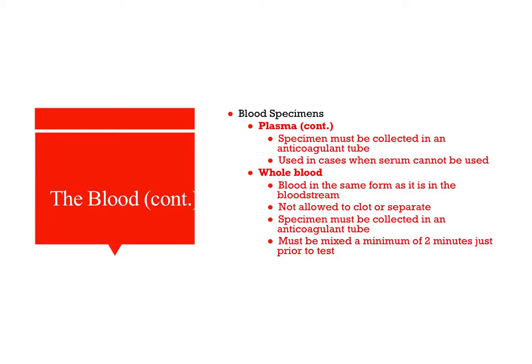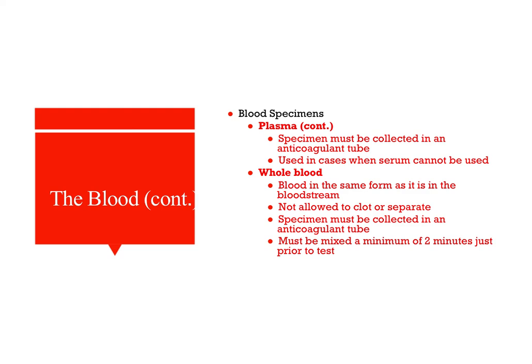All right. In order to get a plasma specimen, you must collect the specimen in an anticoagulant tube. And I just talked about that a little bit. It's important to remember, okay? Whole blood in a tube is the same form as it is in the bloodstream.